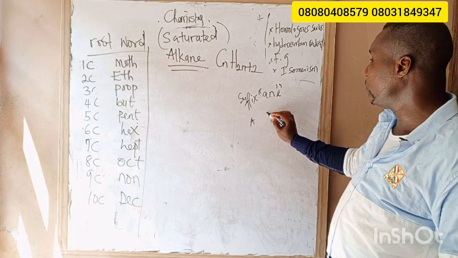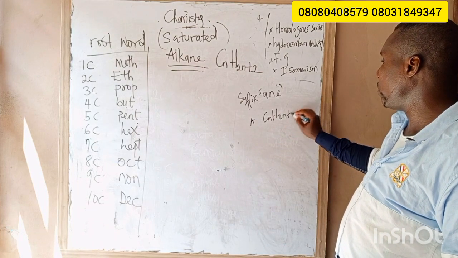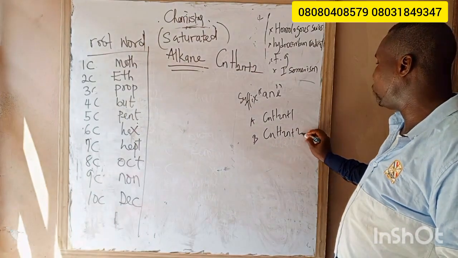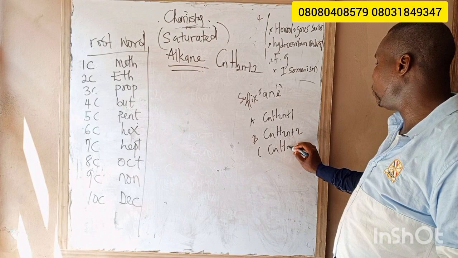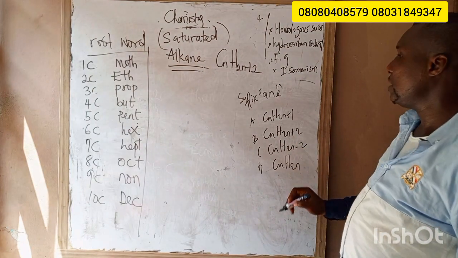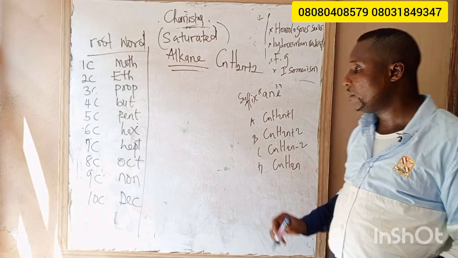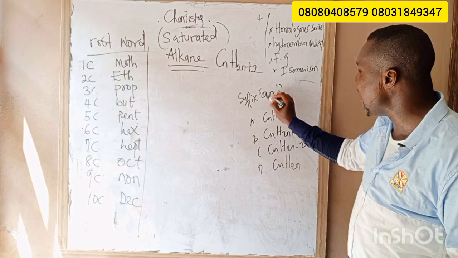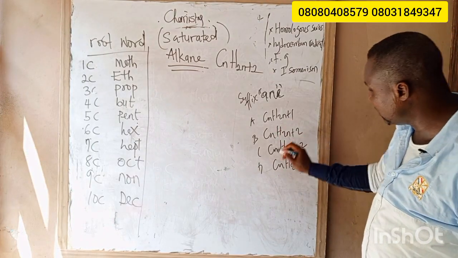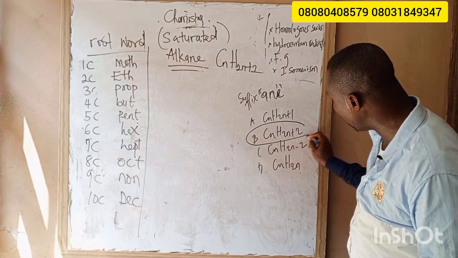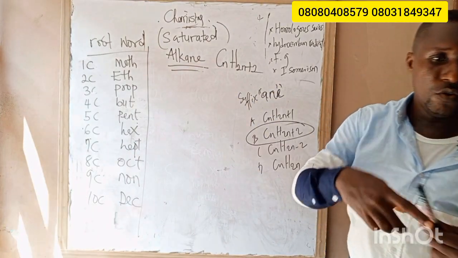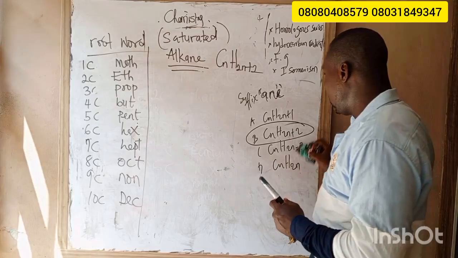A. CnH2n plus 1. B. CnH2n plus 2. C. CnH2n minus 2. D. CnH2n. A homologous series with suffix of ANE has a general formula of CnH2n plus 2. That means alkane family, alkane homologous series. Let's move.